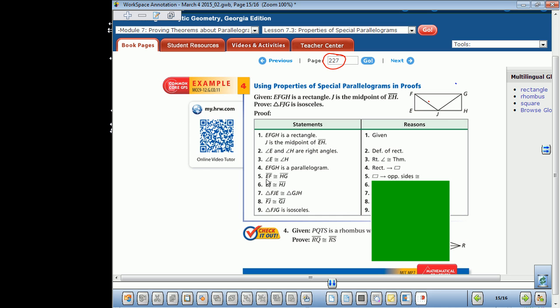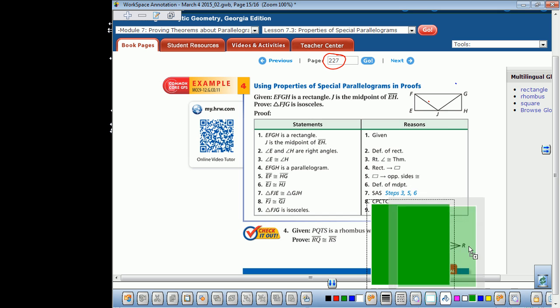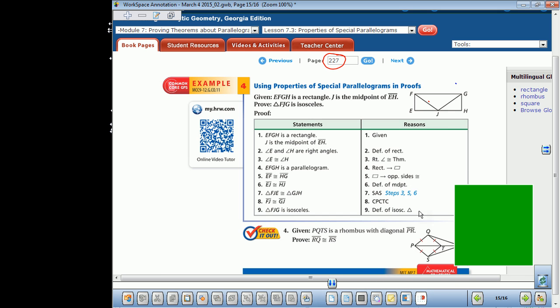Okay? So, if we have a parallelogram, then opposite sides are congruent. And by definition of midpoint, we know that this is congruent to that. So therefore, we have congruent triangles by side angle side. So that third side must be congruent by corresponding parts of congruent triangles are congruent. So we've proven it's isosceles by definition of isosceles.